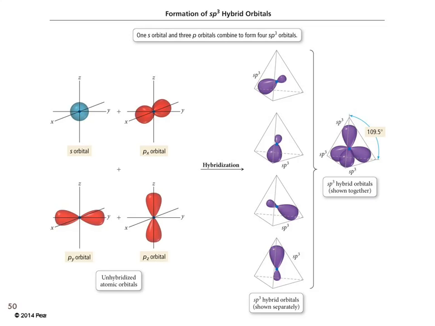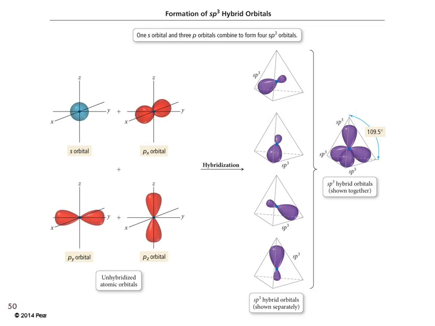So what does that end up looking like? Well, here's an s orbital. There's one of the p's, another one, and there's the third one. You take all of those together and average them, basically, and you end up with these 4. Now, this looks a lot more like a turkey drumstick, doesn't it? You get 4 equal shapes.